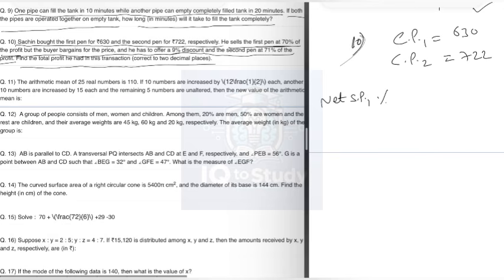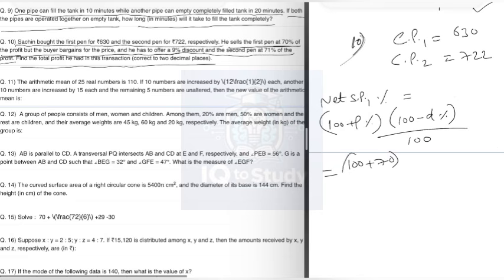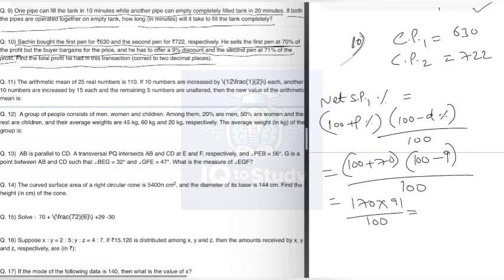Net selling price percent is equal to 100 plus profit percent into 100 minus discount percent divided by 100, which is equal to 100 plus 70 into 100 minus 9 divided by 100, that is 170 into 91 by 100, which is equal to 154.7%.